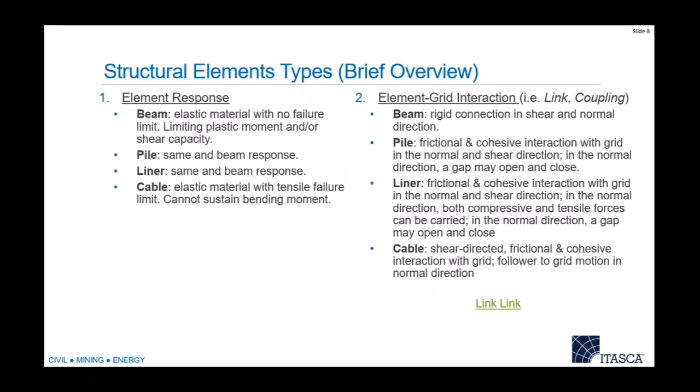So we'll talk a little bit about how these quantities are calculated. So the liner is one step further from the pile, very similar, but again, the grid interaction in the normal direction, both compressive and tensile forces can be carried. And then lastly, the cable is basically all a shear directed thing. Everything to do with the cable is only in shear.